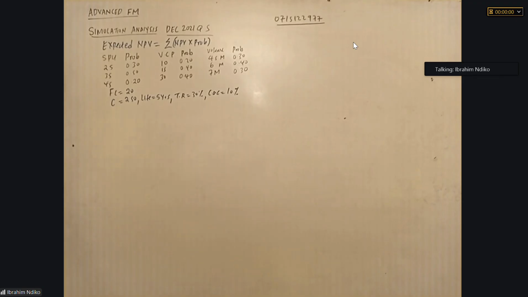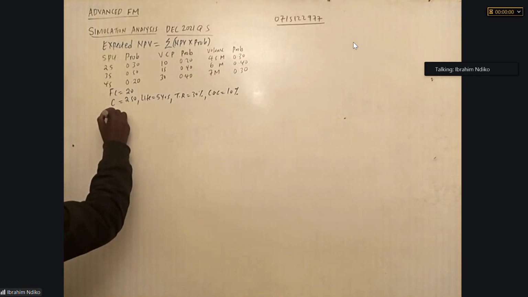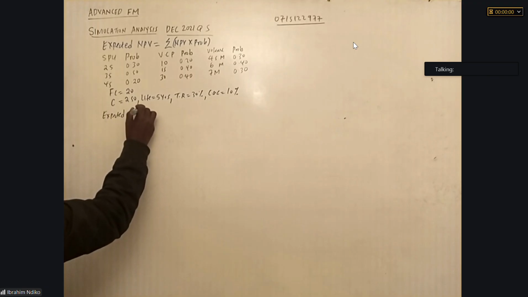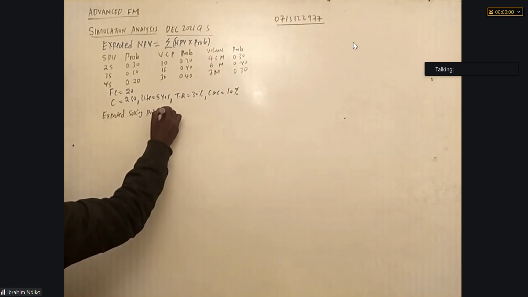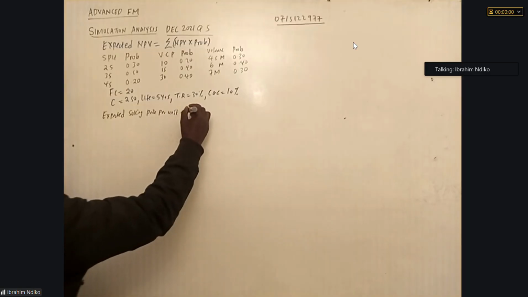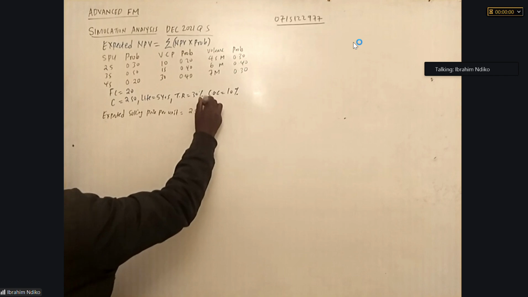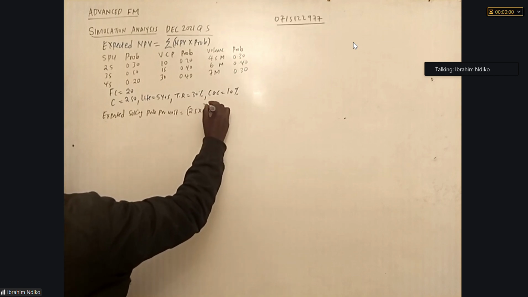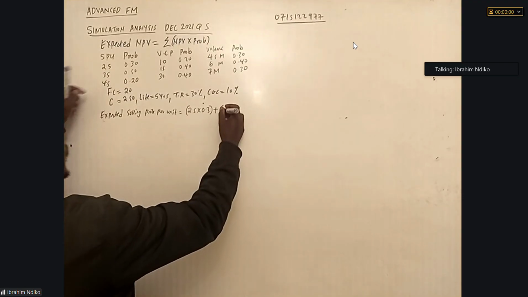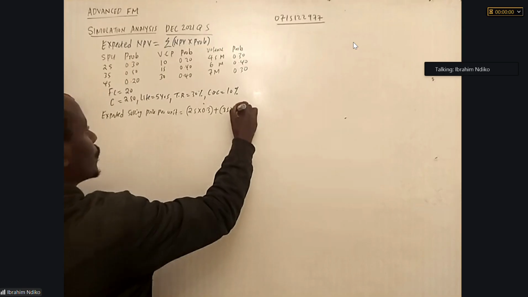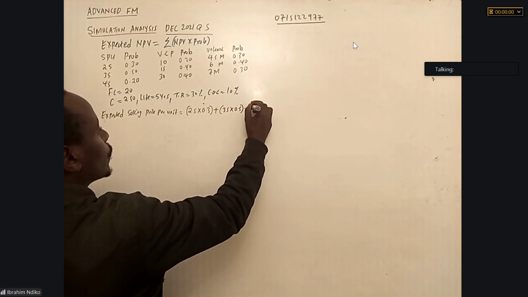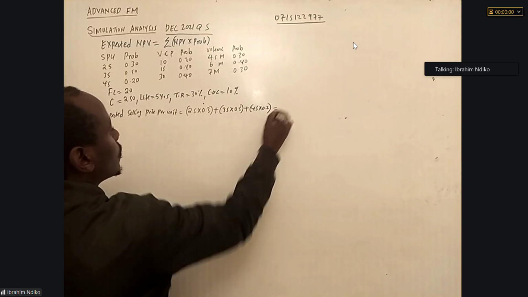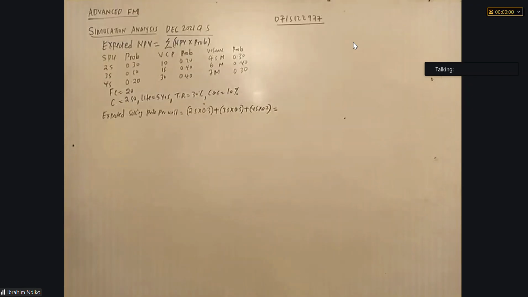What we can do here is get the expected selling price per unit. Selling price per unit: 25 times 0.3, 35 times 0.5, 45 times 0.2.